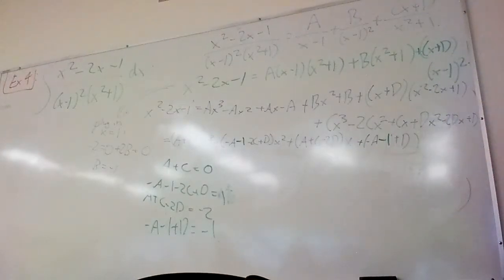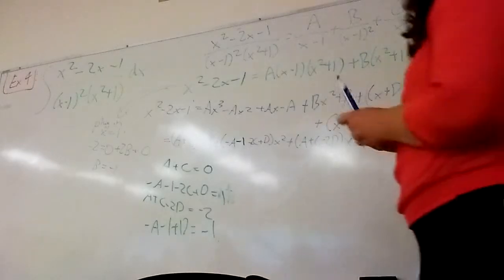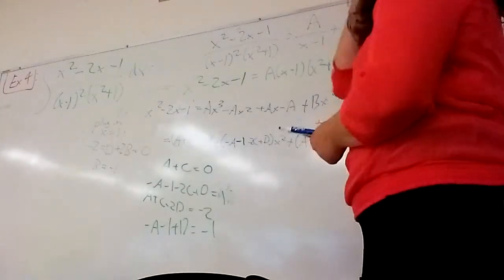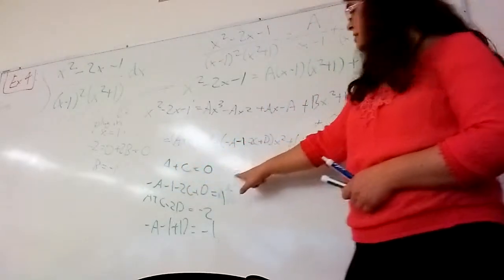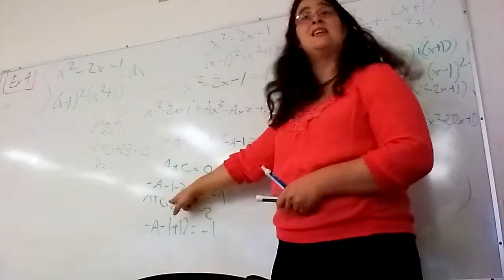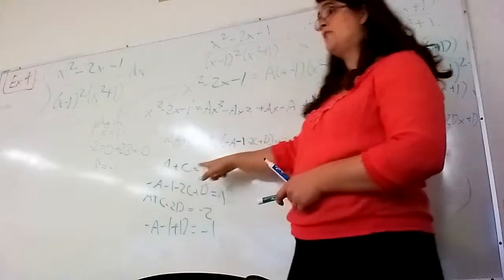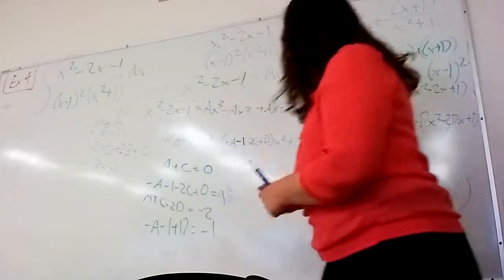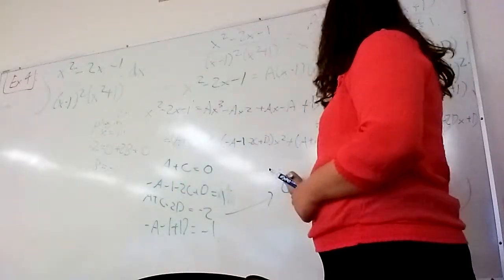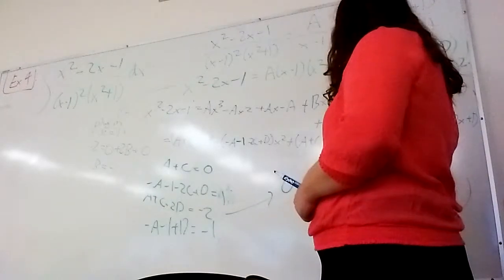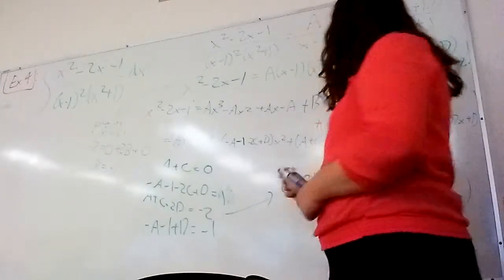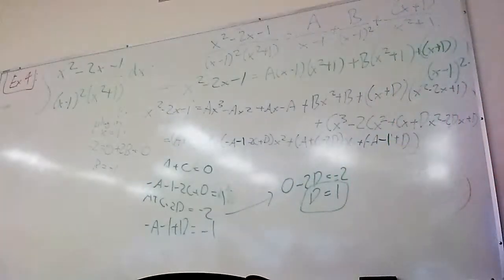So, if I want to solve this thing, the first thing I'm going to notice is here it says that a plus c is 0. Here I have an a plus c here, right? So if a plus c is 0, that tells you that 0 minus 2d is negative 2, which means that d is 1.